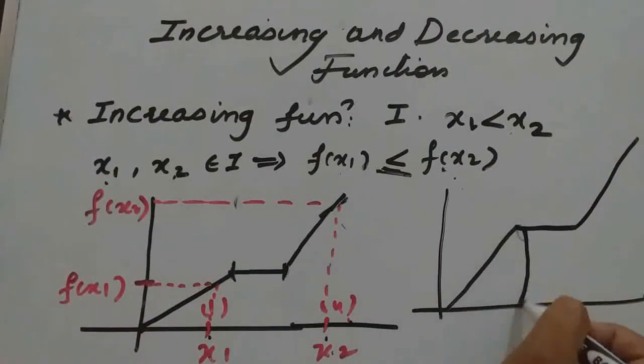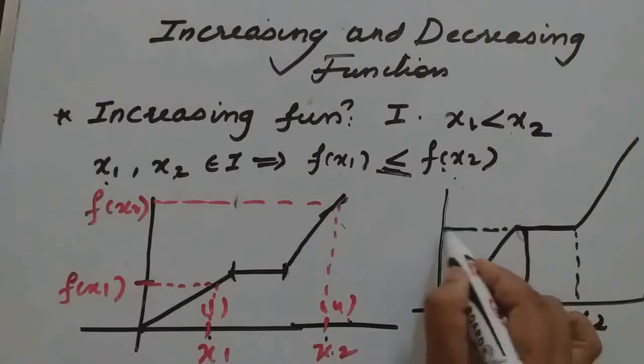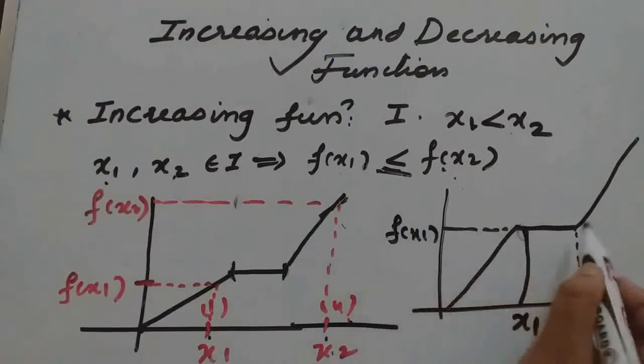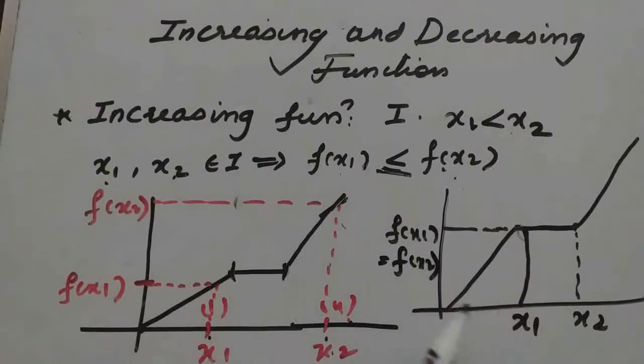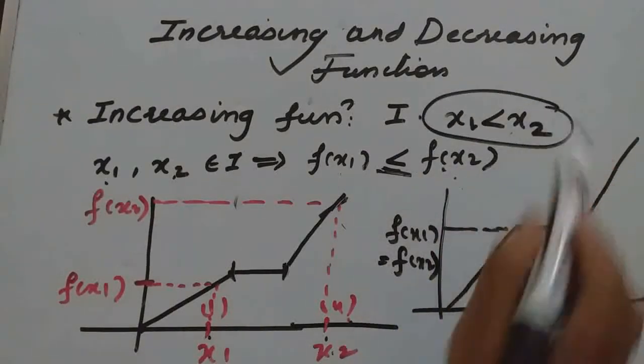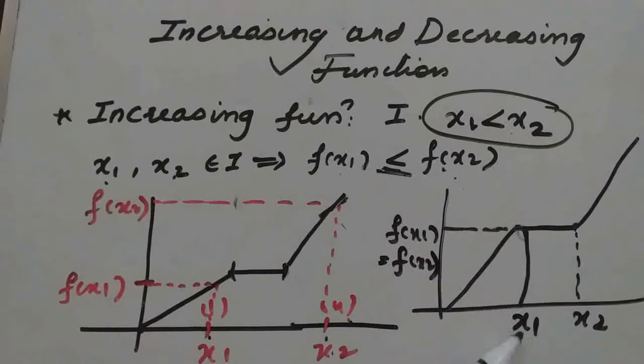Suppose this is our x1, this one is x2, so f of x1 is also the same and f of x2 is also the same, okay? But x1 and x2, what is the relation in that? x1 is less than x2, so the function will be an increasing function.